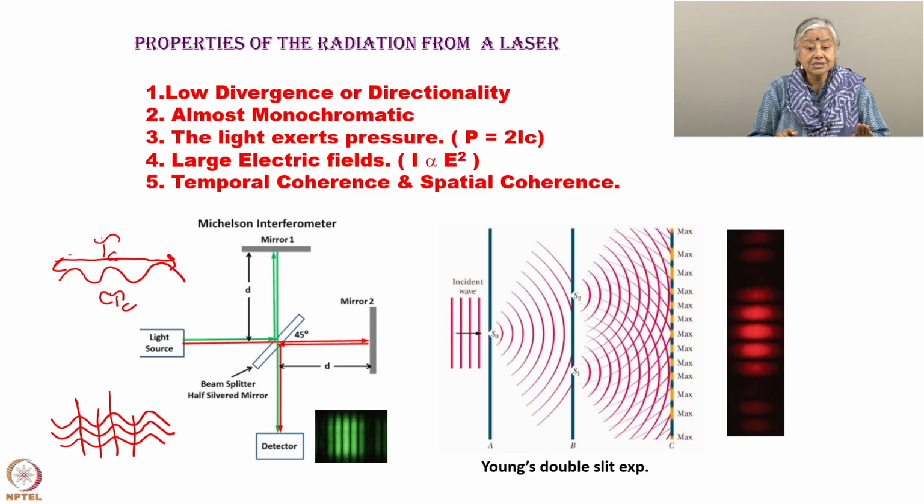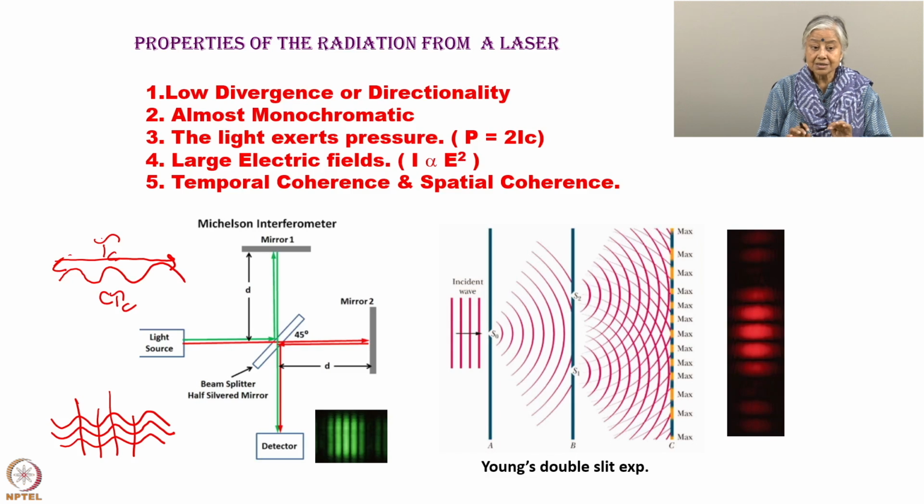Now, in case of lasers, the temporal coherence is much larger than ordinary light. If you compare with, say, a neon light and a laser light, the laser has a temporal coherence time in milliseconds, and the neon light has in picoseconds.